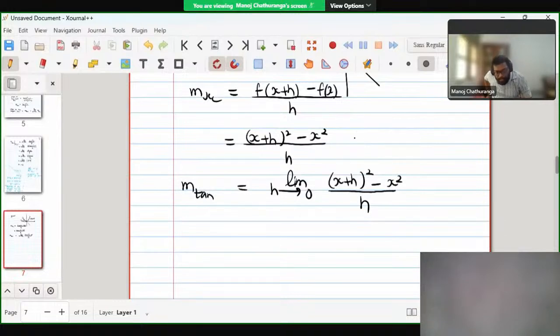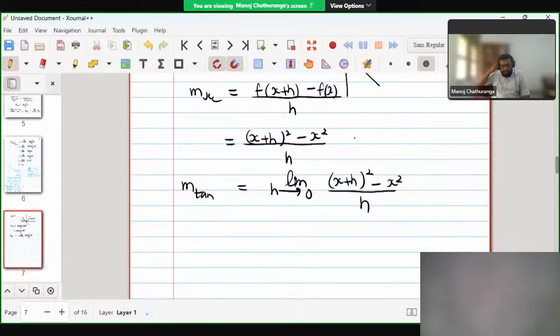So in this expression, you have two variables. X is a variable and h is a variable. And as far as this limit is concerned, h goes to 0. So for this limiting process, h is the variable, not x.